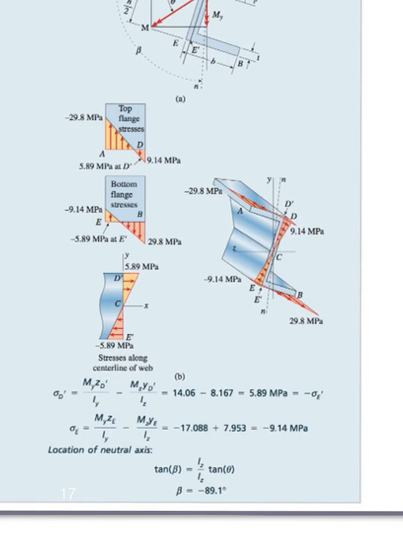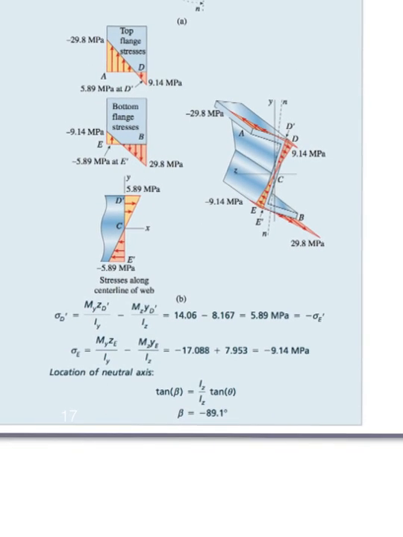The last thing we require to calculate is the angle beta, which tells us the orientation of the neutral axis. There is a derivation of a formula to calculate the angle beta, and this derivation is equation 640. It results in equation 641.